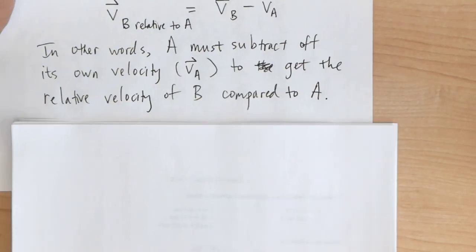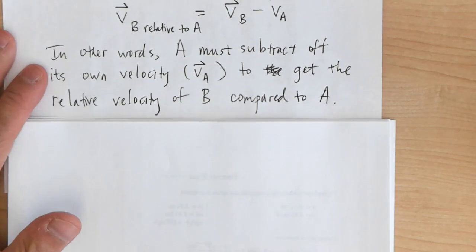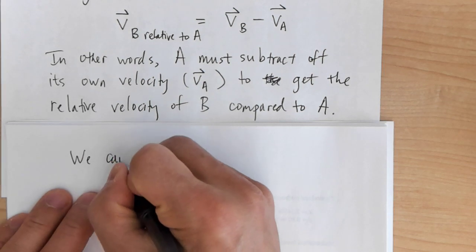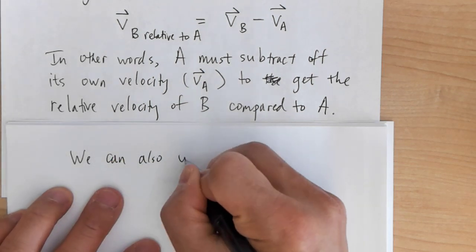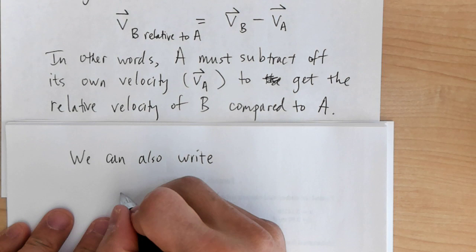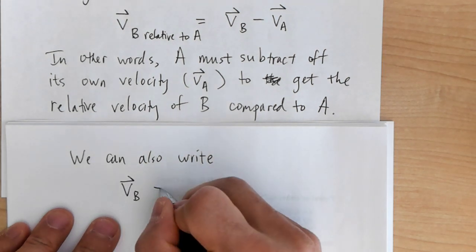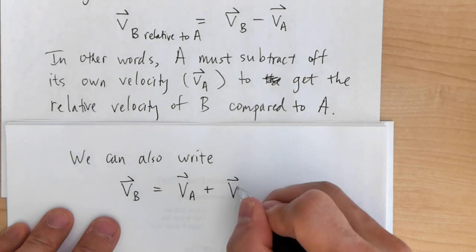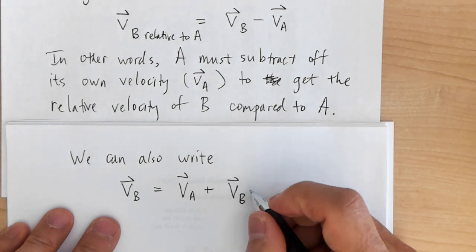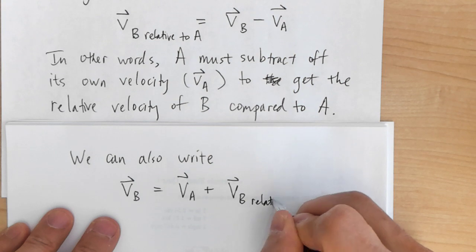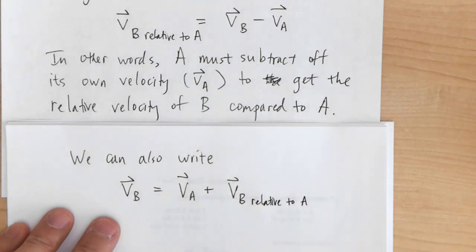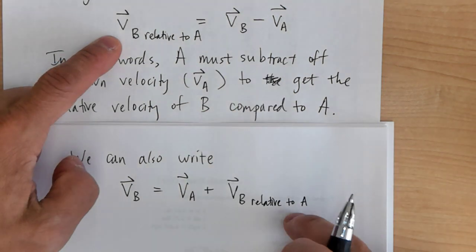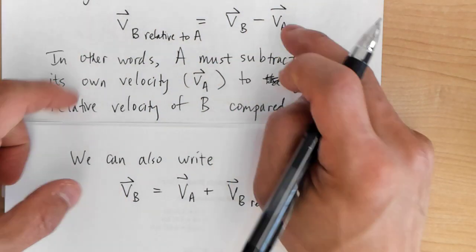So another way of thinking of it, maybe you prefer this way as well, is we can also write that the velocity of B is equal to the velocity of A plus the extra amount that B is moving relative to A, B relative to A. Okay, so I can rearrange this and write this as VB relative to A is equal to VB minus VA.